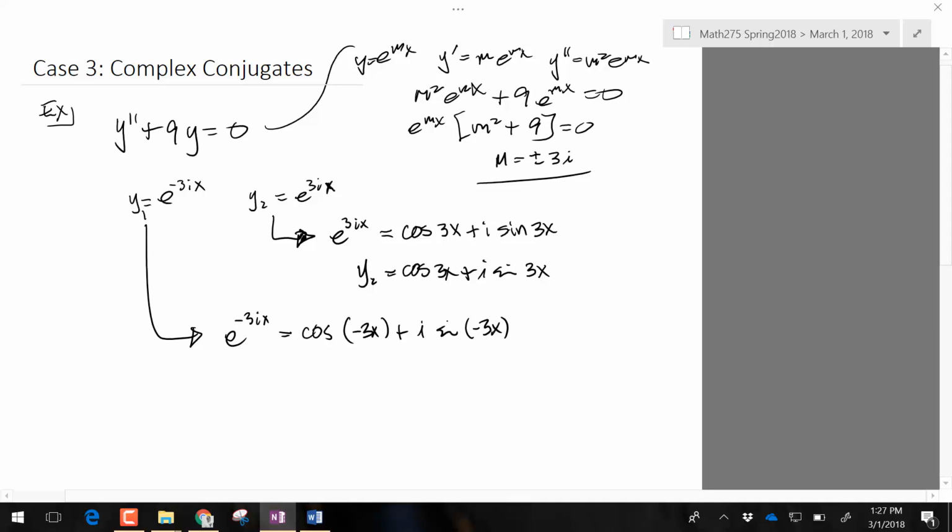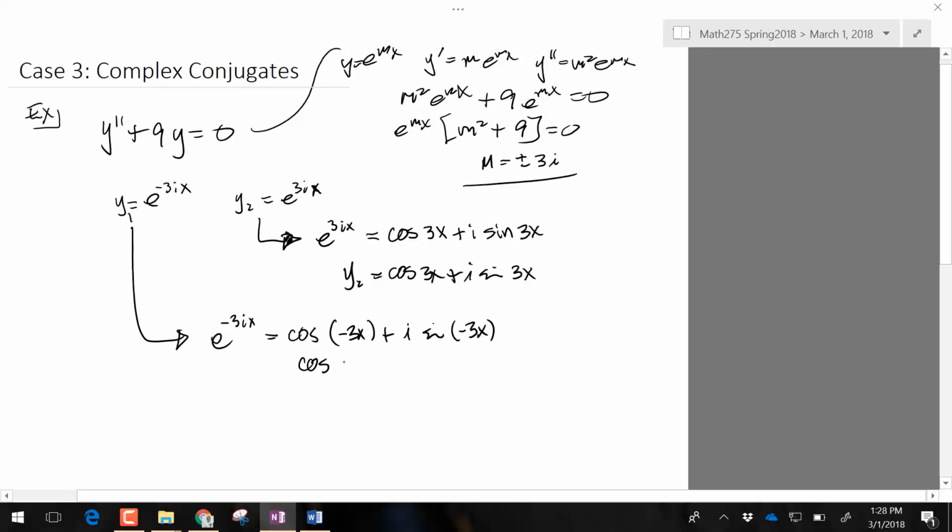Cosine negative 3x. What do you know about the cosine function? It's the same. It's an even function, they call it. So this is actually cosine 3x.